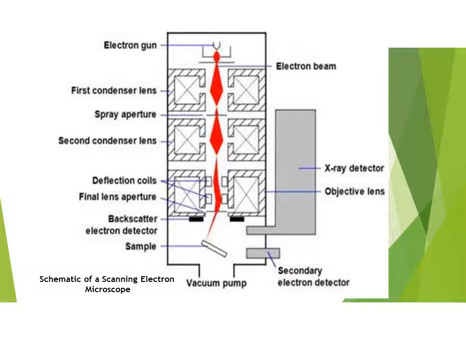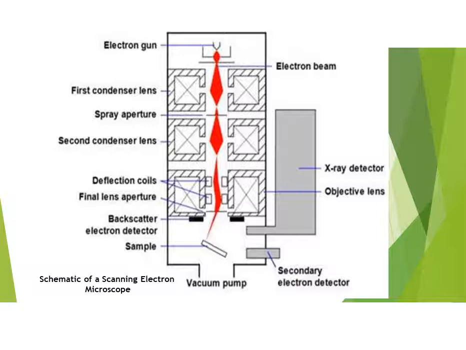Here is the schematic diagram of scanning electron microscope. Here you see the electron gun is at the top of the chambers. The electron beam is shown with red colors and the lenses are shown with diagonal lines. You see that electron gun produces electrons from top of the chamber and electrons descend down towards the chambers, passing between the lenses.